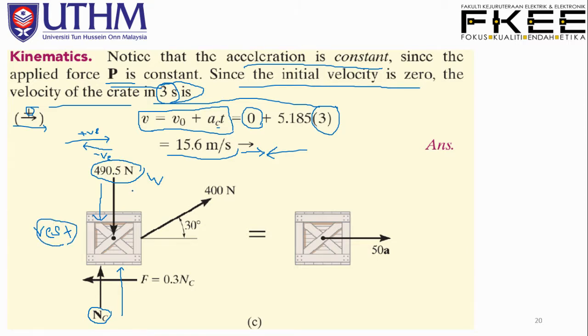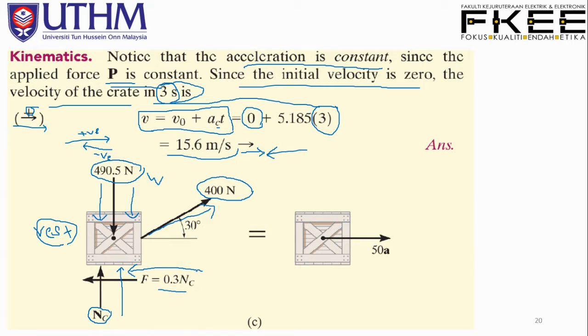Coming from gravity, the weight of the mass, and opposite to it is NC. Similarly, if we apply 400 Newton to move the crate to the right, the opposite force to it is the frictional force, 0.3 NC.